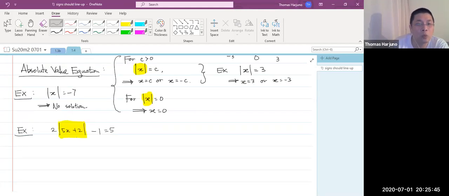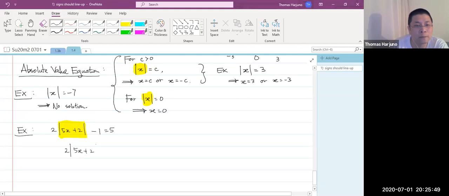So I will add 1 and then divide by 2. So isolate the absolute value first by itself.